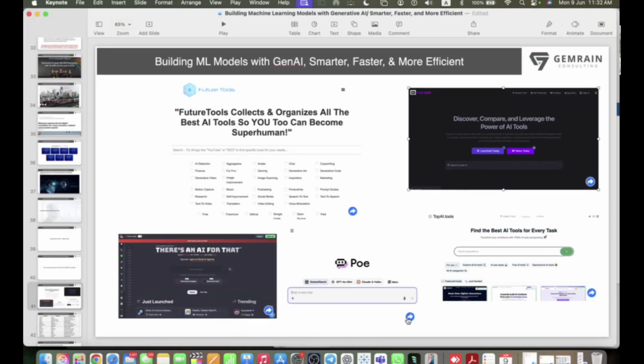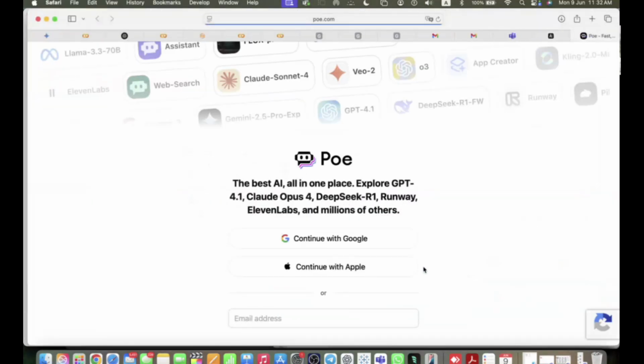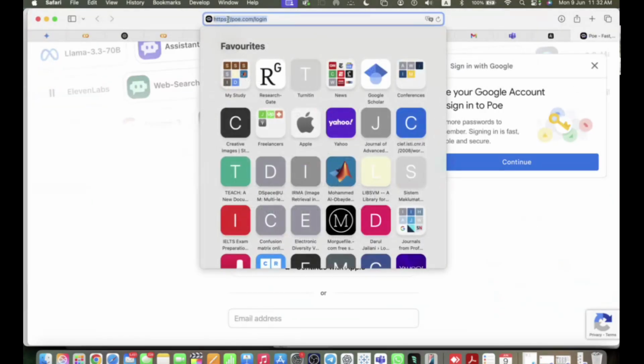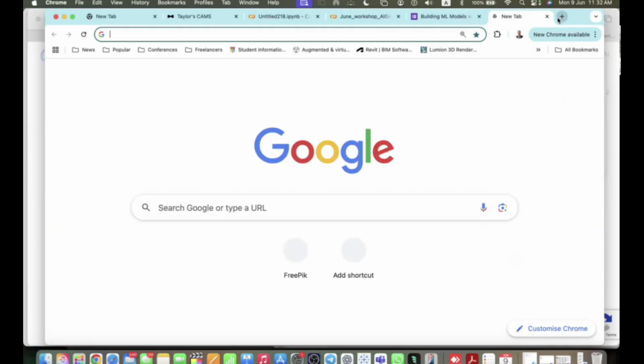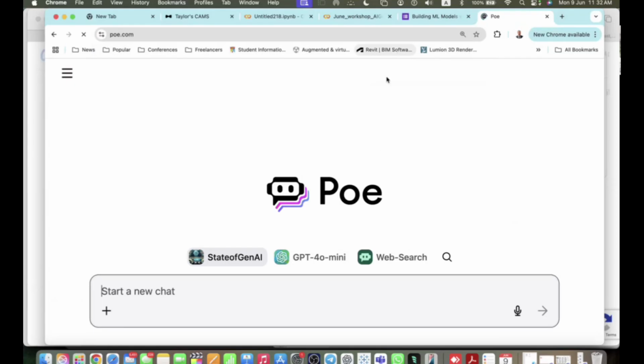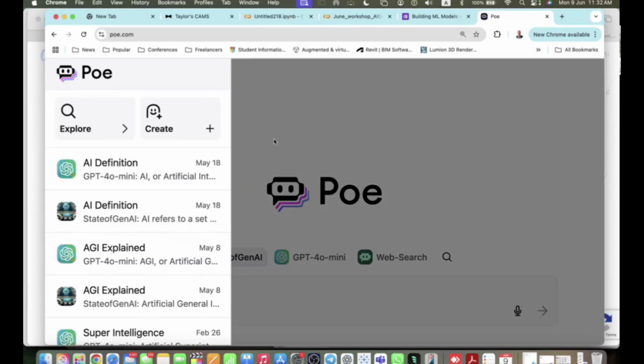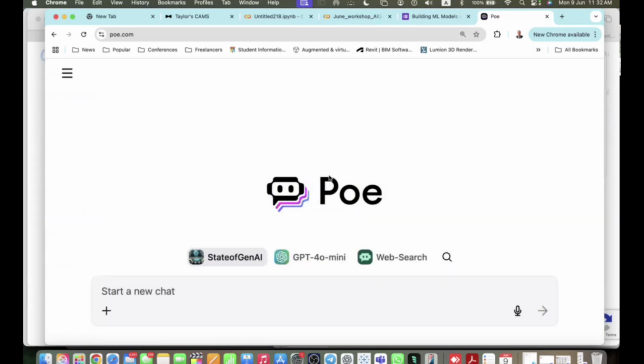Let's look at Poe. This is one of the very interesting ones to be used as well. Let me show you here. Poe is considered the navigator of most of the generative AI tools currently in the market. So if you want to use ChatGPT, you can use it here.